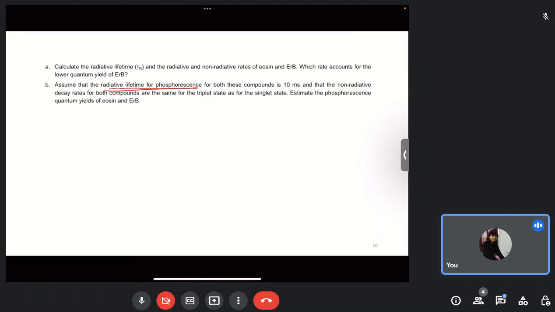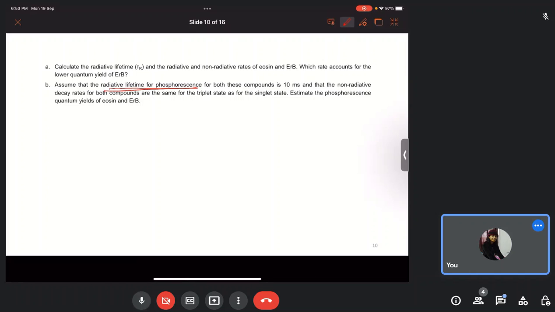So the rate of phosphorescence is equal to 1 by tau p, where tau p is the lifetime of phosphorescence.